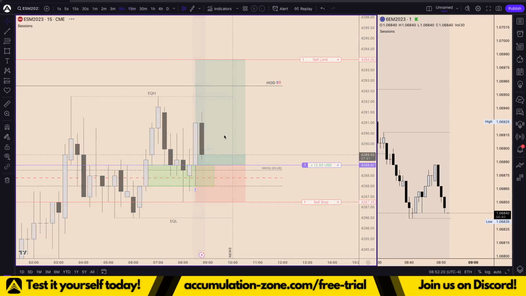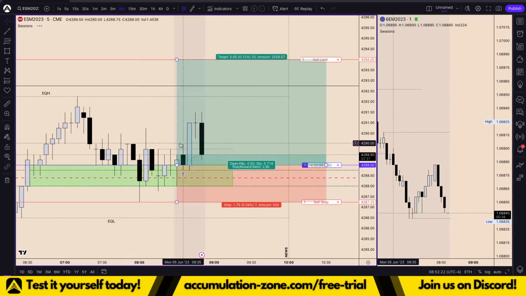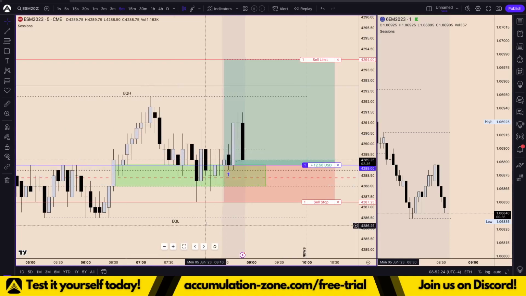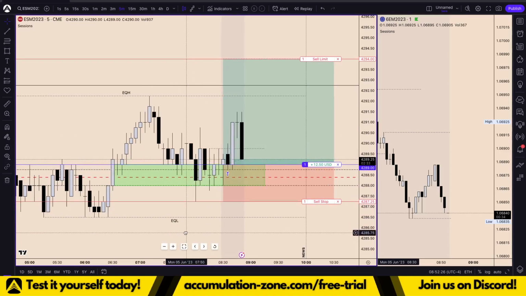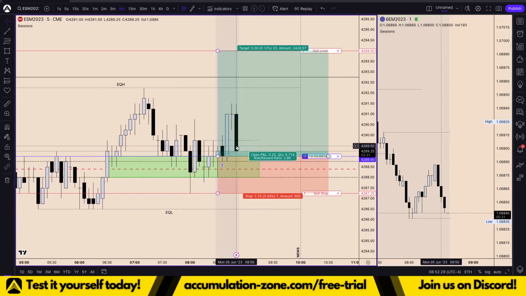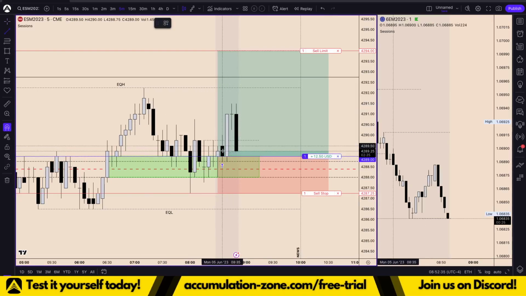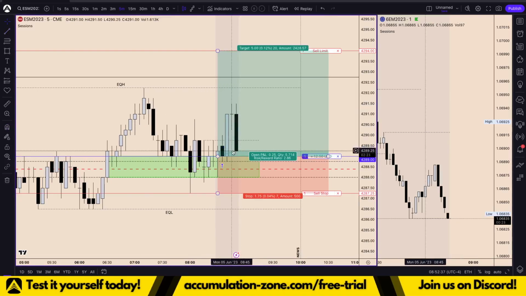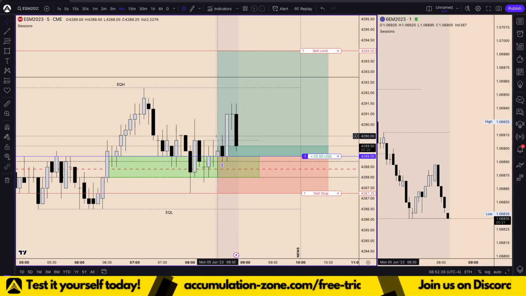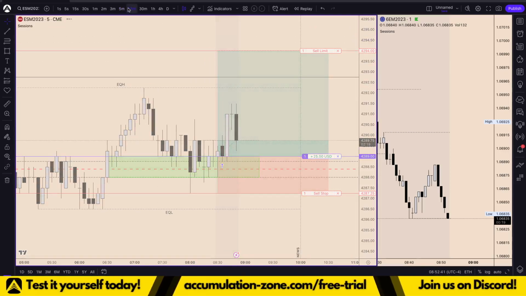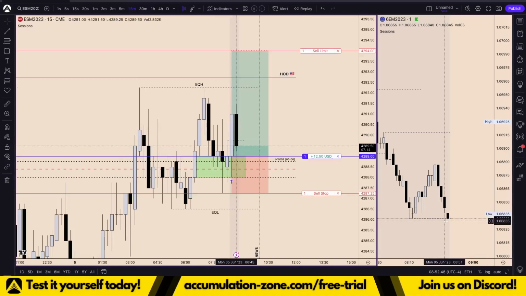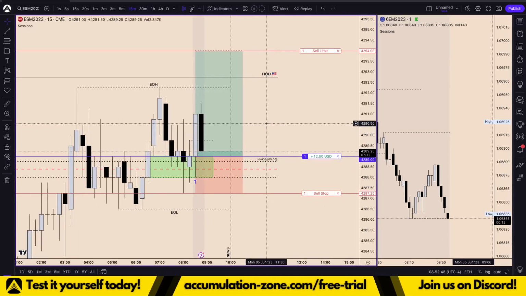Let me check that on a lower time frame to see what we're looking at. This candle should hold. Alright, as you can see, we're about to take out the low on Euro US dollar.